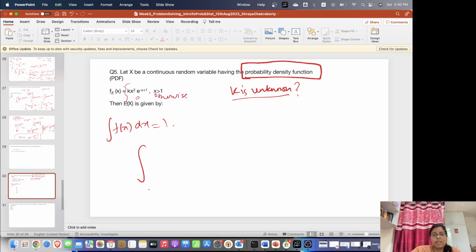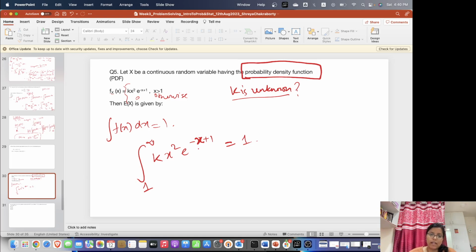So it means the integration from 1 to infinity of k x square e to the power minus (x minus 1) dx equals 1.